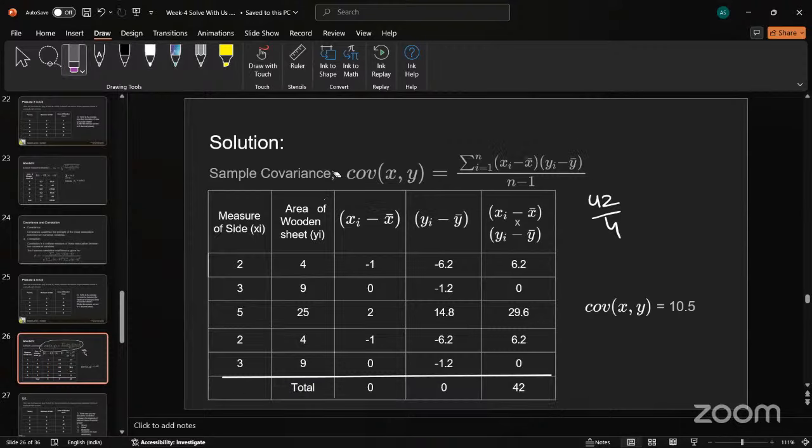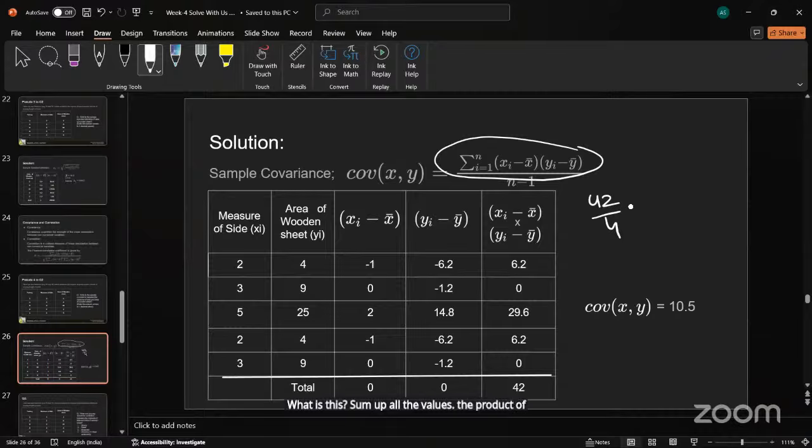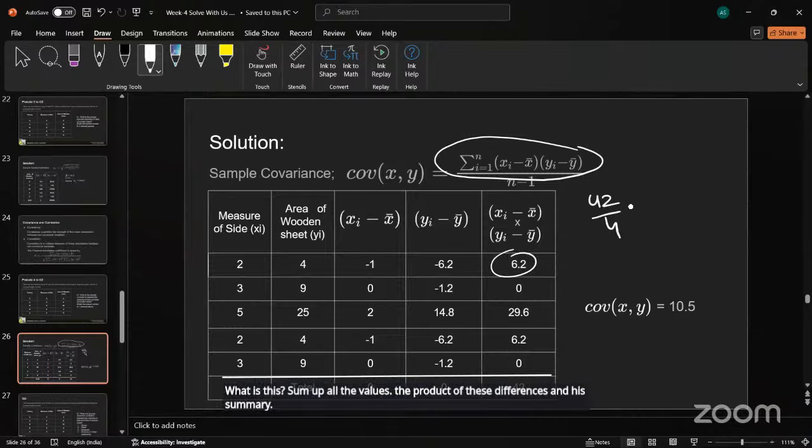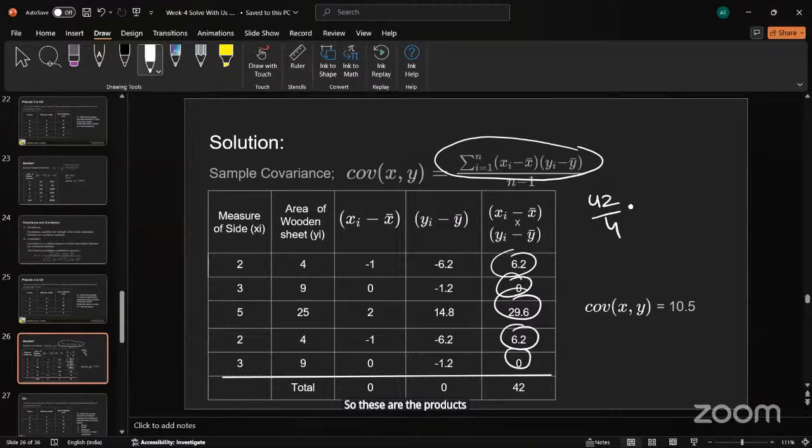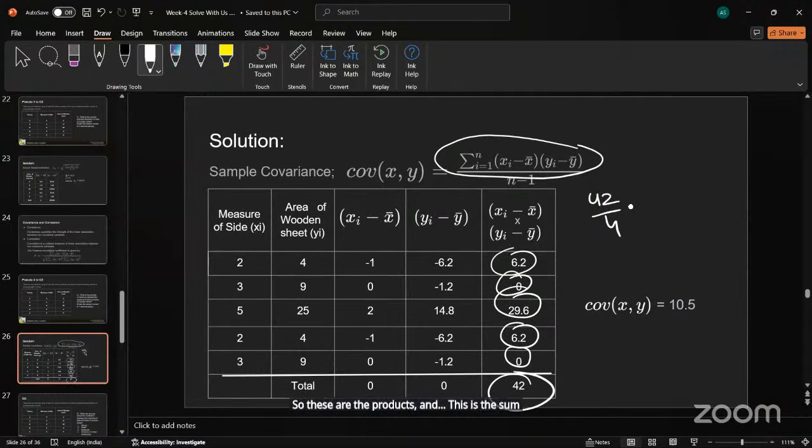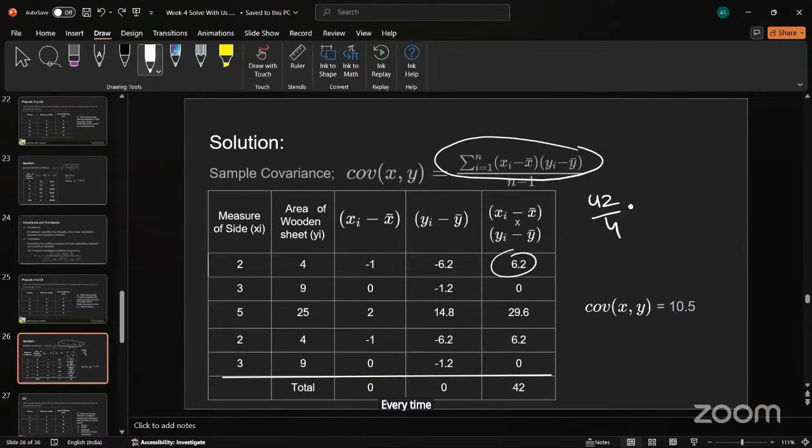This is how covariance is calculated. You sum up the products of these differences, and this sum is 42. Not every time you do n minus 1, only if it is sample covariance.